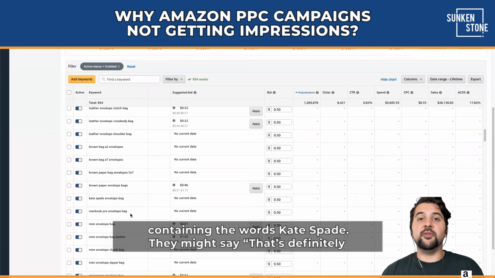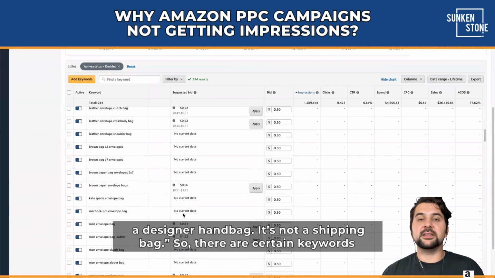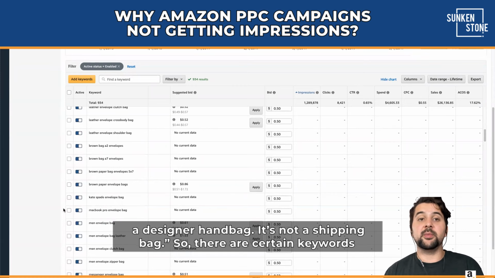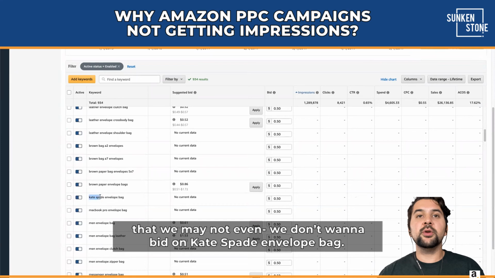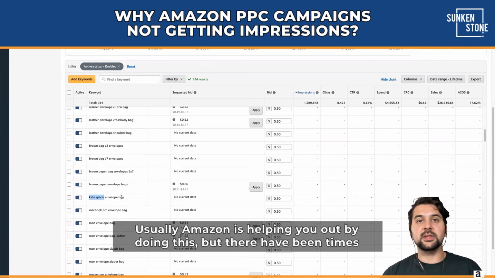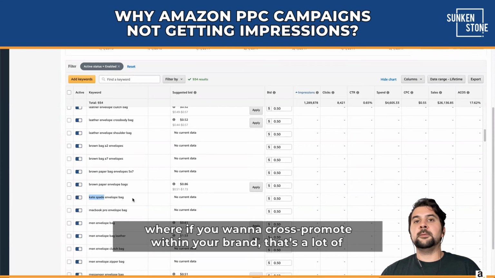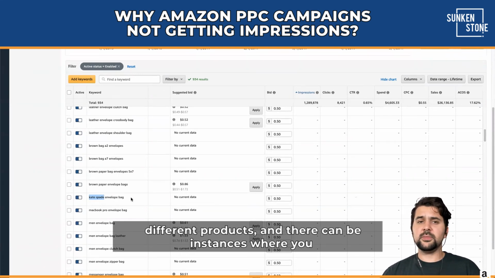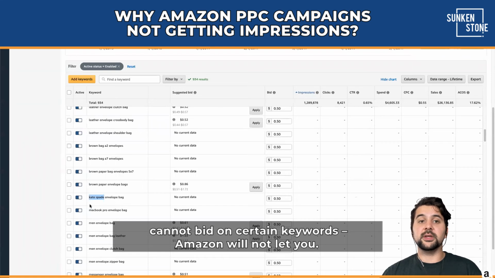They might say that's definitely a designer handbag. It's not a shipping bag. So we wouldn't want to bid on Kate Spade envelope bag. Usually Amazon is helping you out by doing this, but if you want to cross promote within your own brand that sells a lot of different products, there can be certain instances where you literally cannot bid on certain keywords. Amazon will not let you.